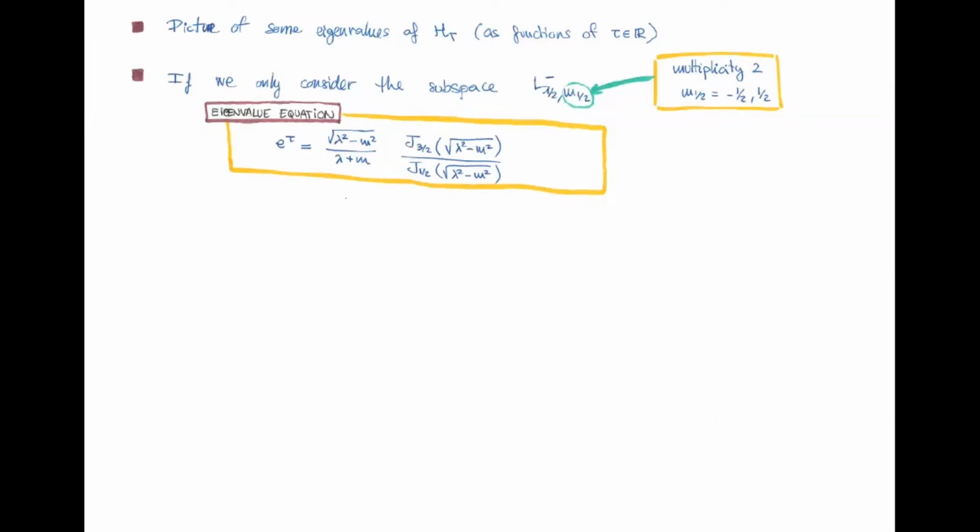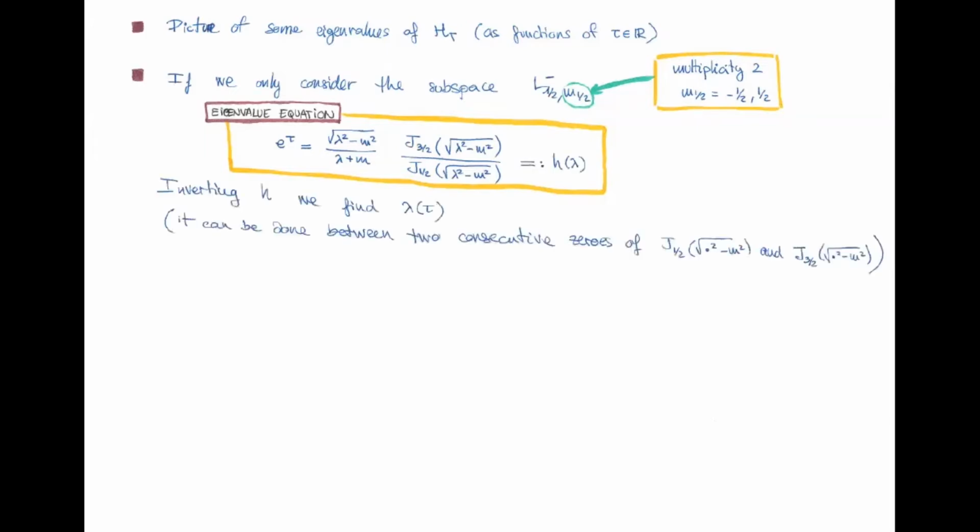The idea is that I want to write lambda as a function of tau. So what I need to do is invert this thing. I call this h of lambda, and I want to invert h. If I want to invert this, I need to be careful because this goes from 0 to plus infinity.